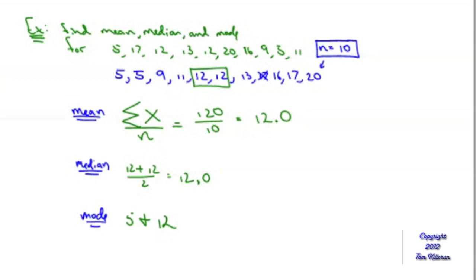Okay, so that's a simple example. Let's make it worse. Trust me, it doesn't get worse other than the numbers you have to deal with. Nothing really gets bad with statistics.